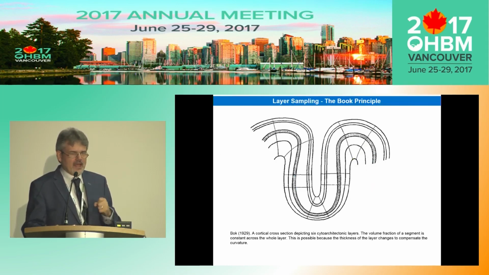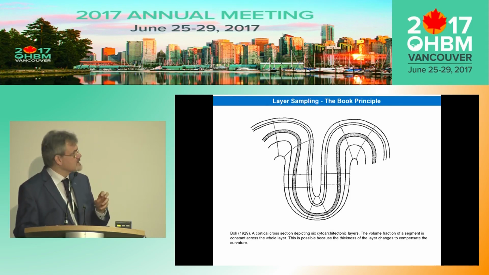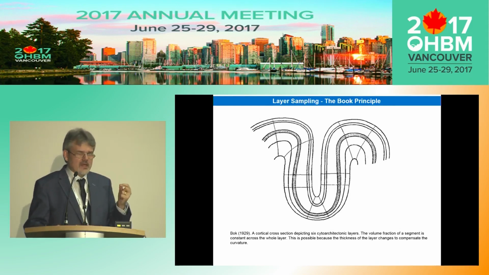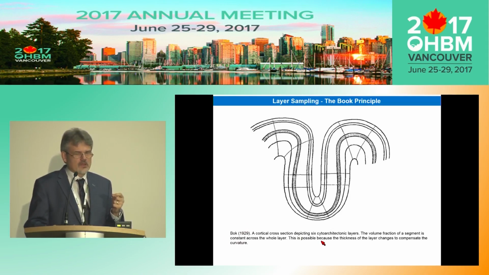And we also learned again from neuroanatomy that sampling is quite tricky, because we do not see, of course, in vivo, the layers of the cortex, so we have to estimate them. And we learned, talking to Professor Zilles and others, that the sampling is tricky. We were pointed to the Bok principle, and also Waehnert, 2014, had a very nice paper showing how important the sampling is.